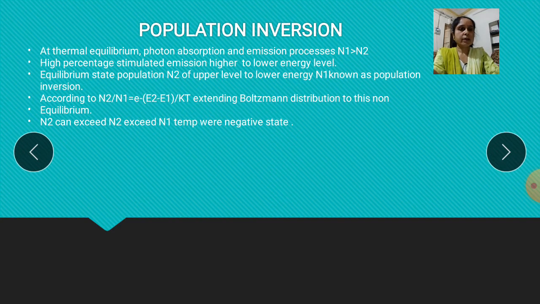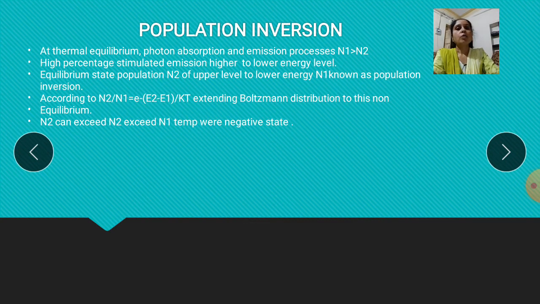In the population inversion phenomenon, a high percentage of stimulated emission occurs from the higher energy level to the lower energy level.